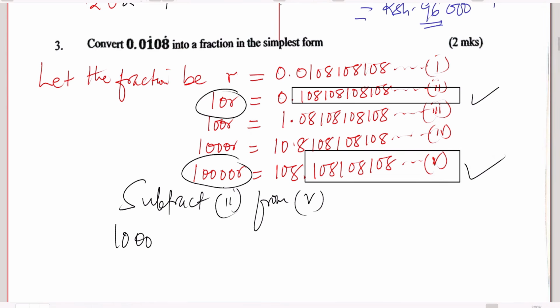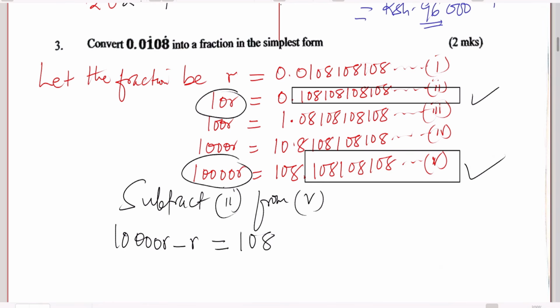So 10,000 r minus r is equal to, when you look at the decimal part, 108.108, then subtract 0.108, so you remain with 108. So when you take 108, that is in equation 5, 0.108, subtract 0.108 and so on, you remain with 108.